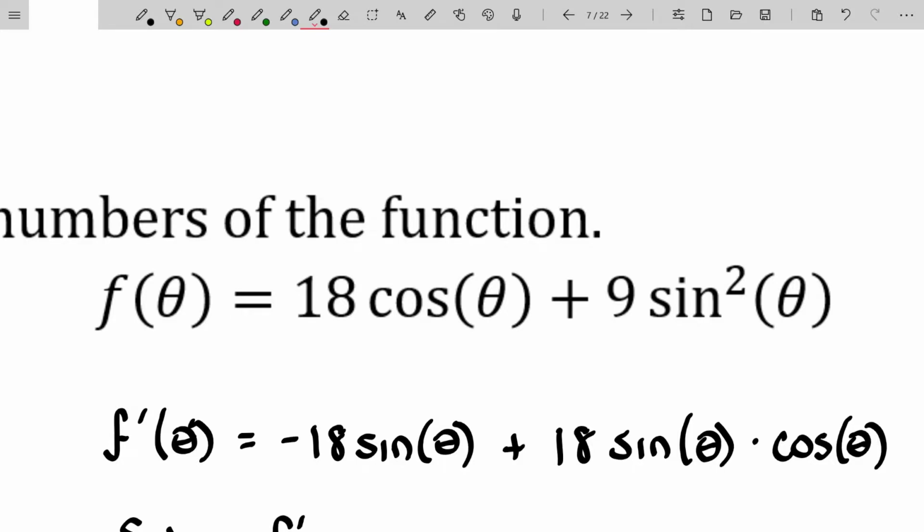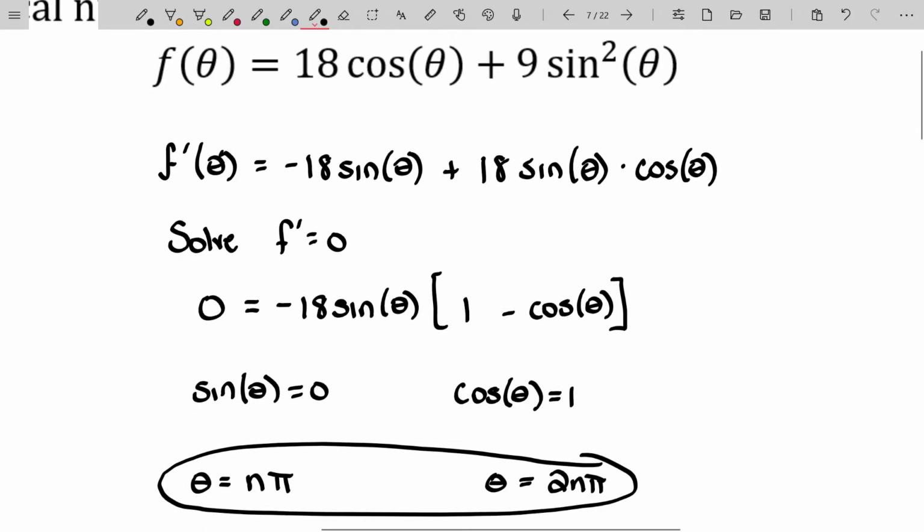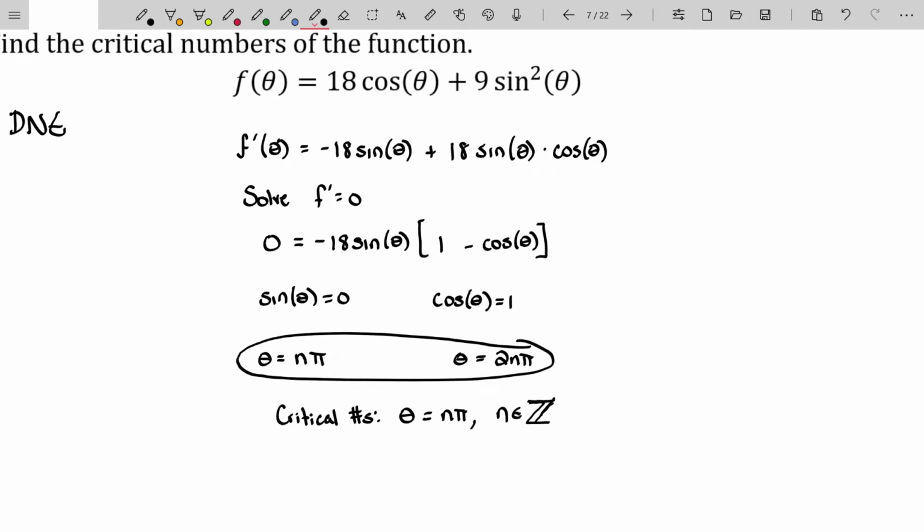So honestly, the critical points are going to be, how do I want to write this? Well, I happen to know that the cosine becomes 1 at 0, 2 pi, 4 pi, 6 pi, basically any even multiple of pi. And so that'll become 1 times 18.